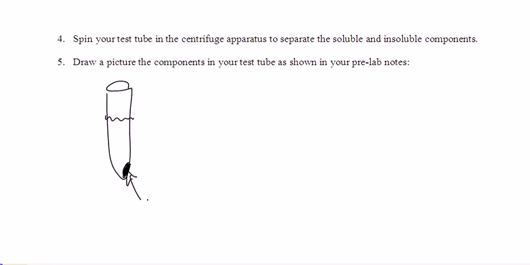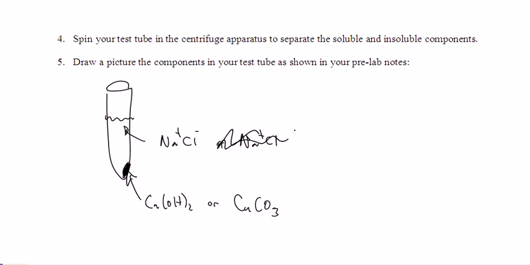So this component would have been the copper hydroxide or the copper carbonate, depending on how you did it, and this component in here would have been the soluble sodium chloride that was left over. In both cases it would have been sodium chloride left over, so that's what that would have been.